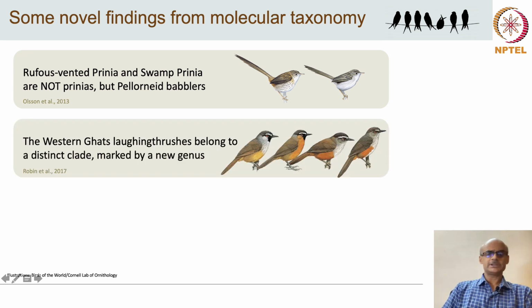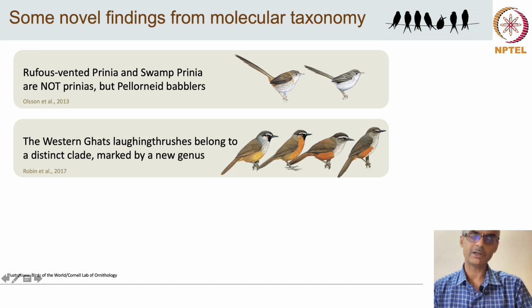This is again a very interesting finding, especially by Robin et al. The Western Ghats laughing thrushes. See, laughing thrushes are a group of babblers which, within the Indian subcontinent, are particularly very diverse along the Himalayas. More than 20-25 species of laughing thrushes are there.